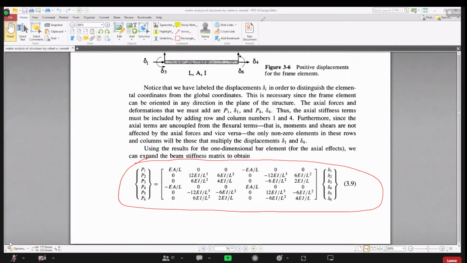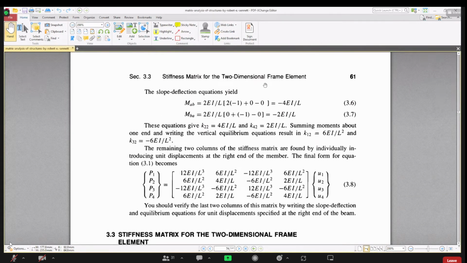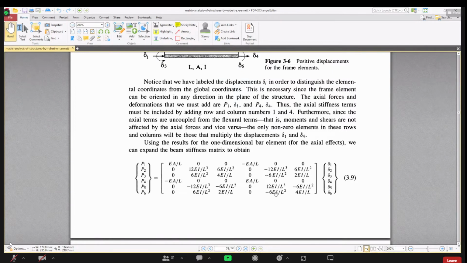If we go back to beams, this is what we discussed in the last meeting, the stiffness matrix for beams. So 4 by 4 for beams becomes 6 by 6 for frames. Now, there is also a distinct difference between a beam element and a frame element.